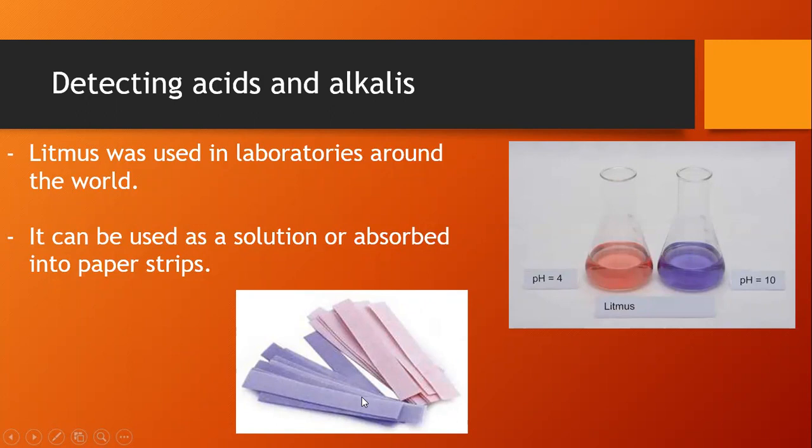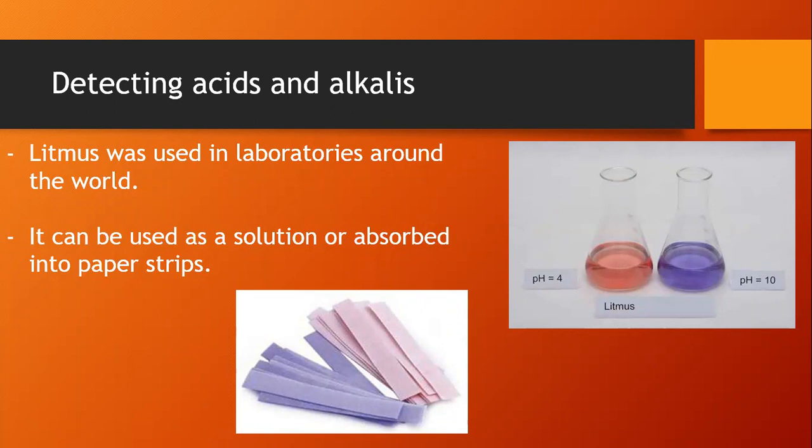Now, they found out that when we add acid to the blue color of the litmus, it turns red. But if you add an alkali to it, the color will remain the same.